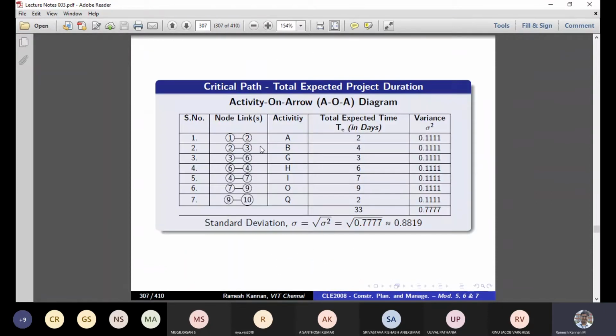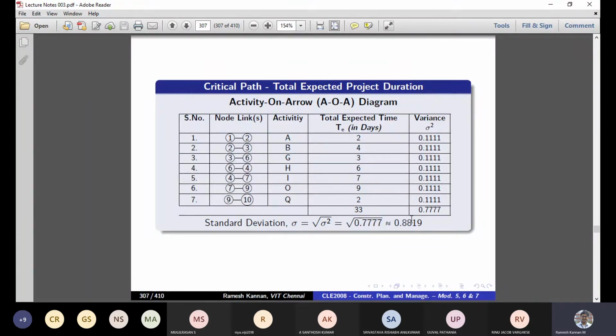Then we will discard everything except the critical path. Then we'll find the expected duration and the variance, and we'll find the sum of the variances, and take the square root of the variance, which is the standard deviation. So two values, the standard deviation and the critical path duration, will be our point of discussion.